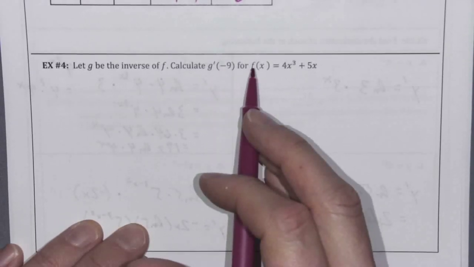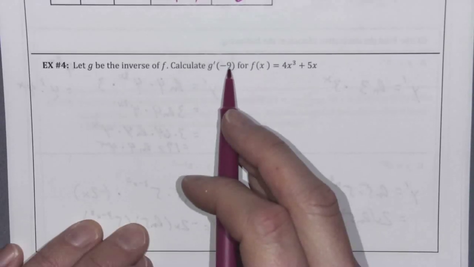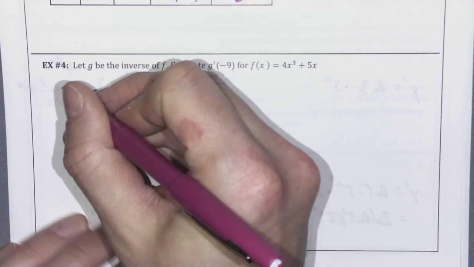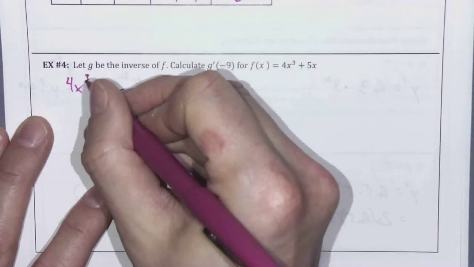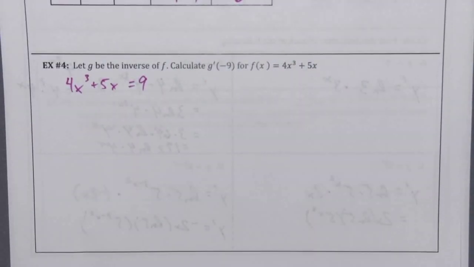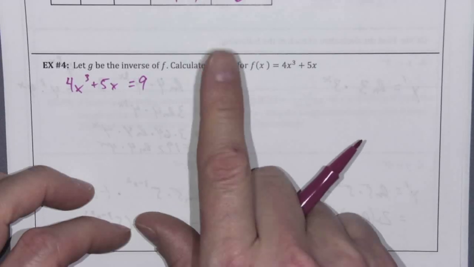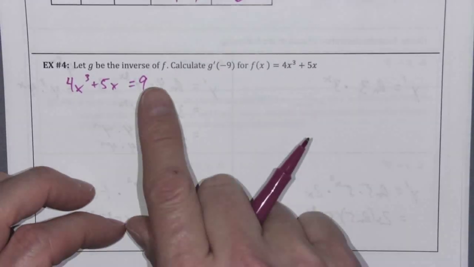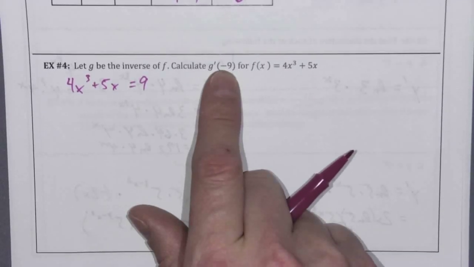So what are we saying? We're saying that 4x to the third plus 5x has to equal -9. Then we know what my output is for this guy, because right here my input is -9.